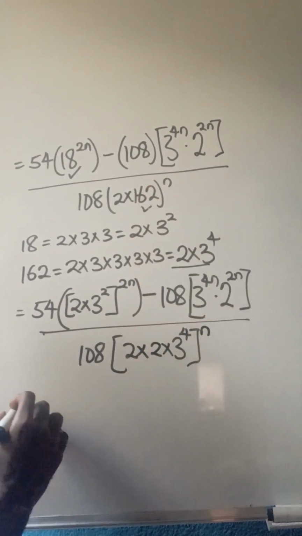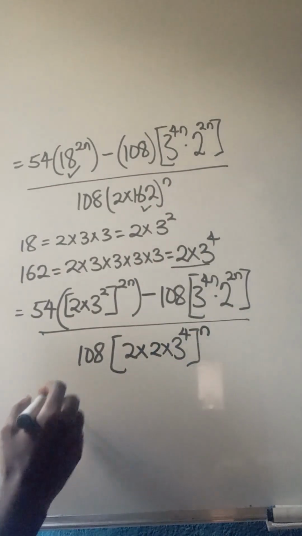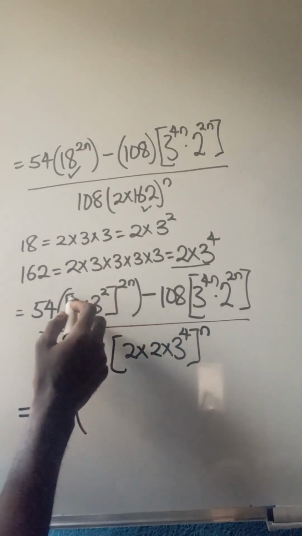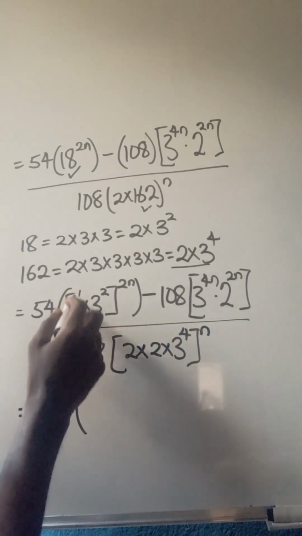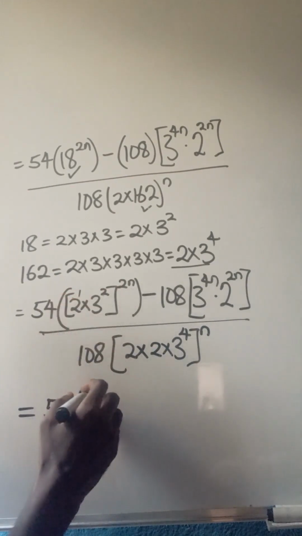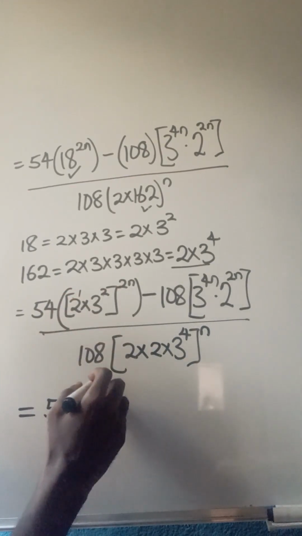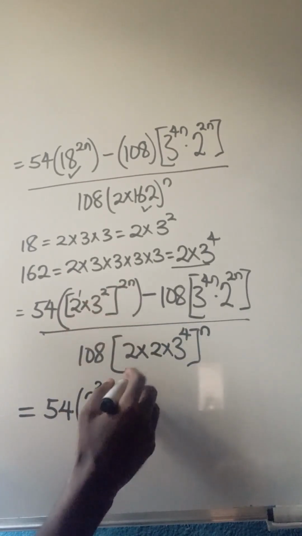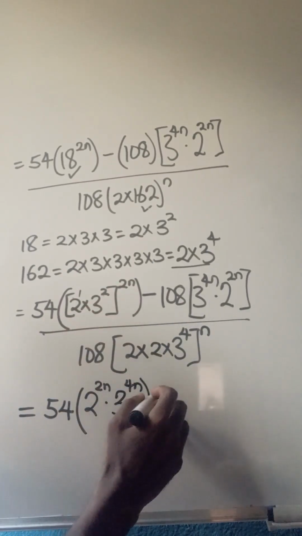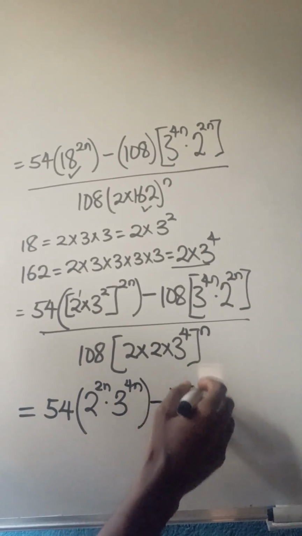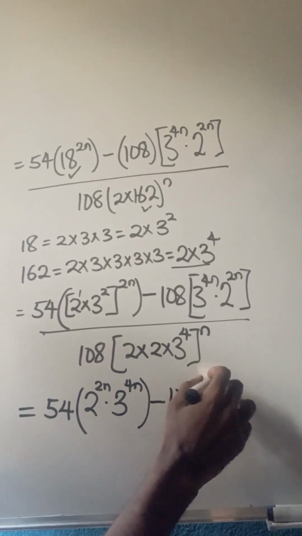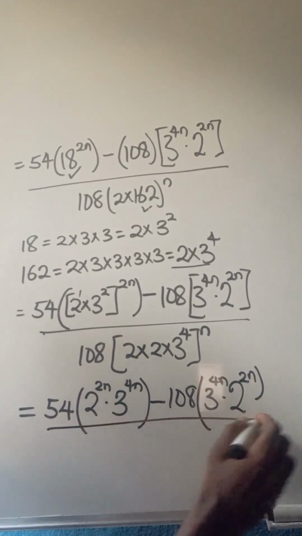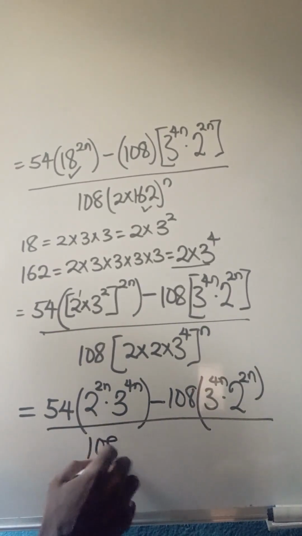So from this, if we further simplify, I have 54. Of course, this power can multiply what we have inside. There is a power of 1 here, so 2n times this gives 2 raised to power 2n, and 2n times this gives 3 raised to power 4n, minus 108 into 3 raised to power 4n into 2 raised to power 2n, all over 108.